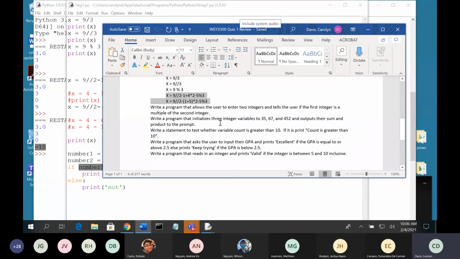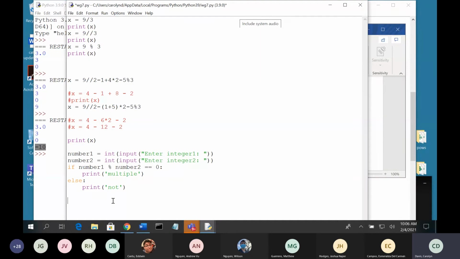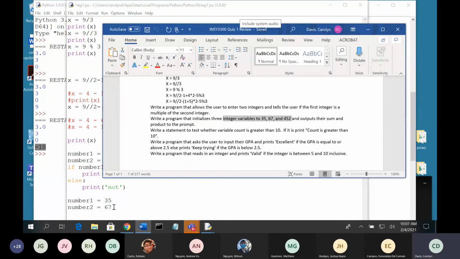Write a program that initializes 3 variables to these numbers and outputs their sum and product. When I say initialize to these numbers, there's no input in this problem. You just flat out say 35, 67, 452.